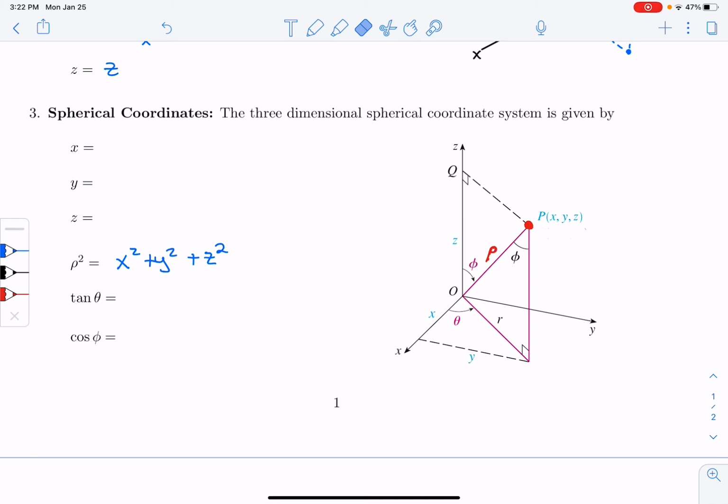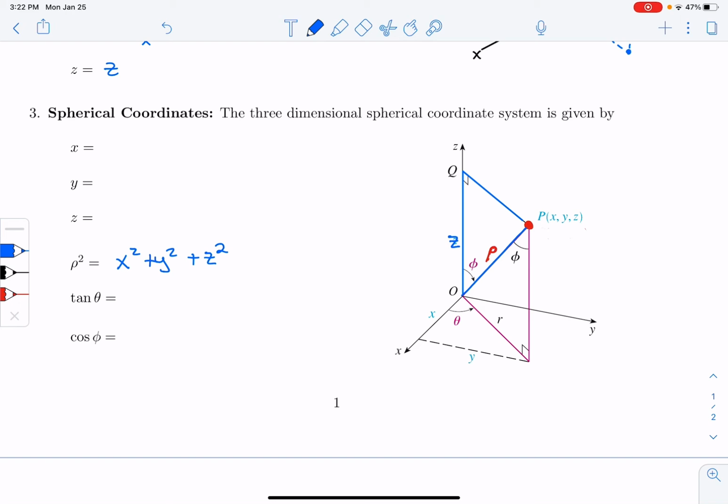So based on phi, we can figure out how that relates to the z coordinate. The way that we do that is using a little bit of trigonometry. So you can draw this triangle right here. And then that distance there is z.